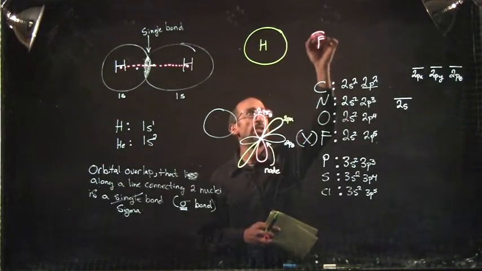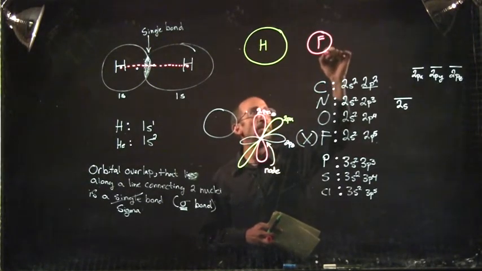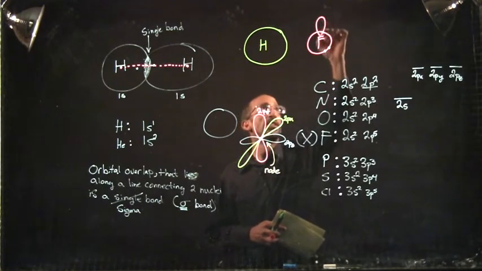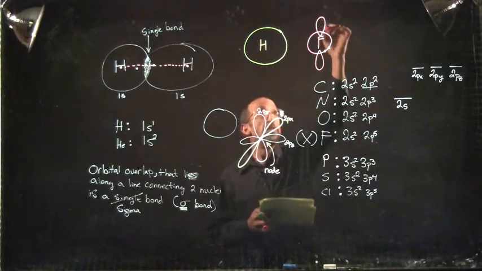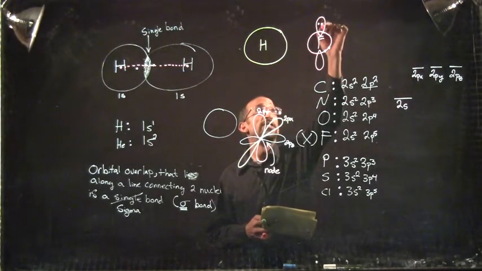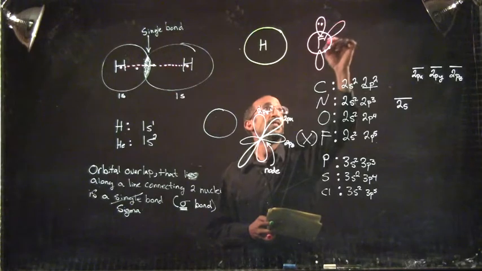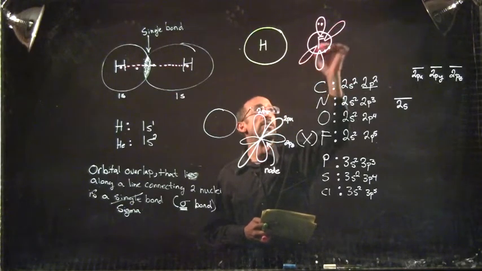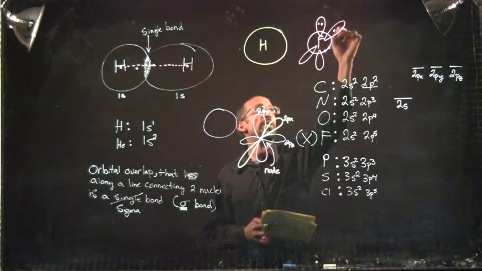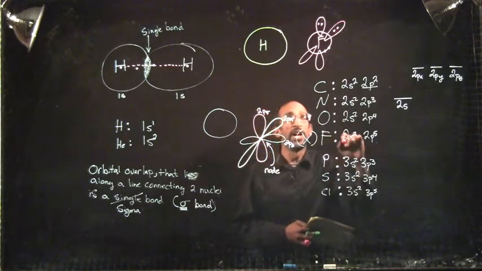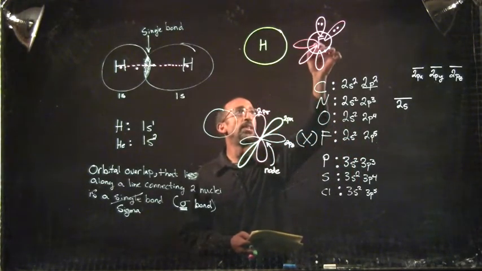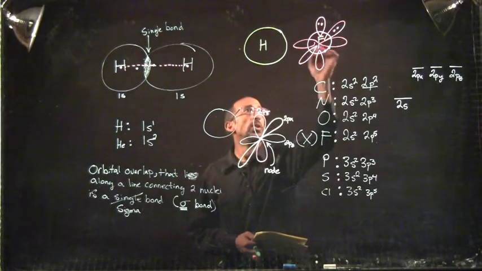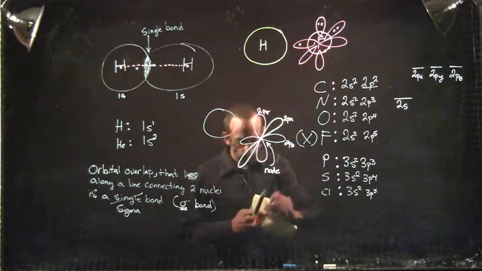So here's our fluorine 2s orbital with 2 electrons. Here's one of our p orbitals that'll have 2 electrons in it. Here's our second p orbital with 2 electrons in it. So now we're at 2p4. And finally, our third p orbital with 1 electron in it.